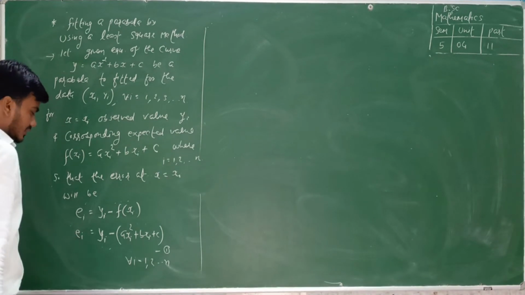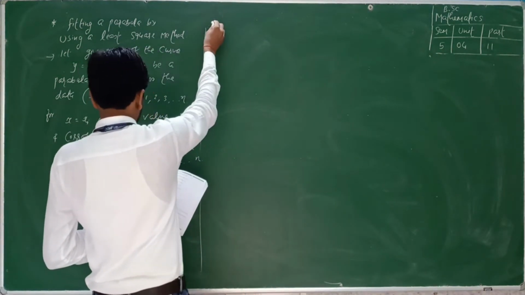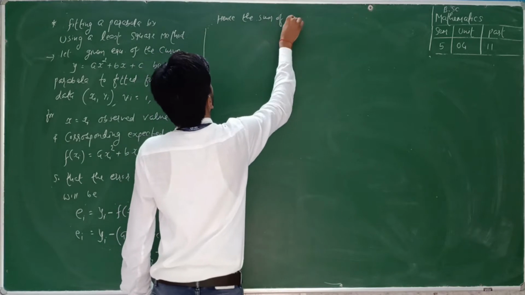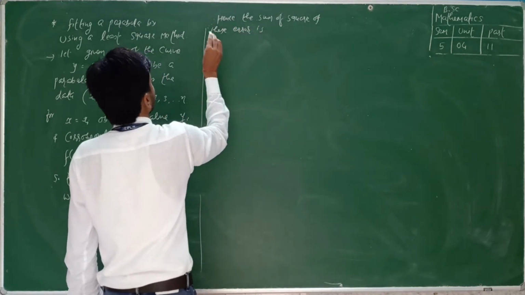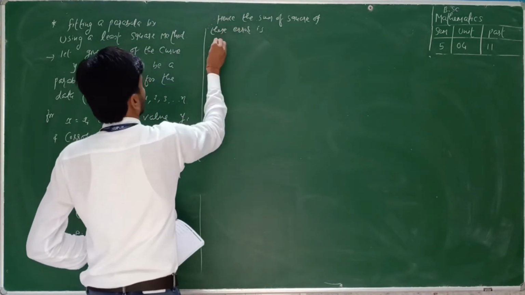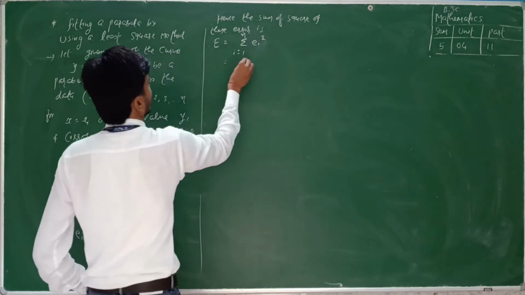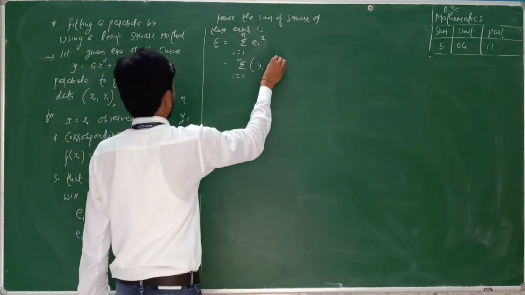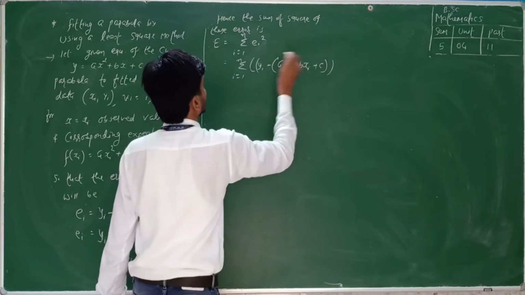Then the sum of the squares of these errors is E = sigma i = 1 to n ei², which can also be written as sigma i = 1 to n (yi − (axi² + bxi + c))².